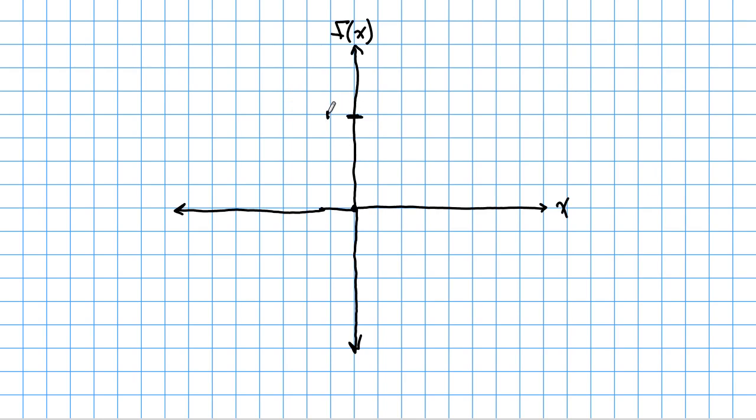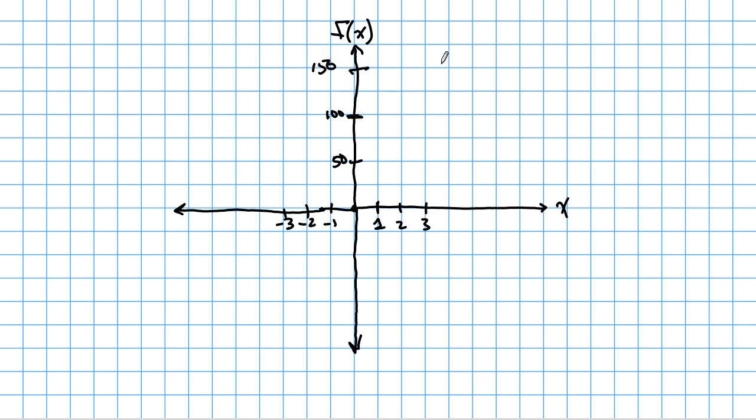We'll put 100 on the output, and then every one of these boxes will represent 1 unit of x. So 1, 2, 3, and so on, minus 1. We don't have to label all of them, just a few, so we know what our scale is. So we have 100, and we might go ahead and label 50 and 150.